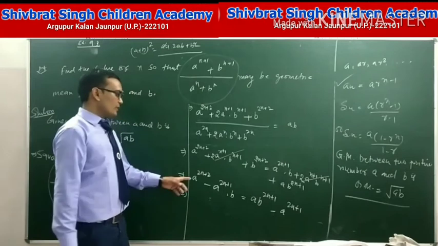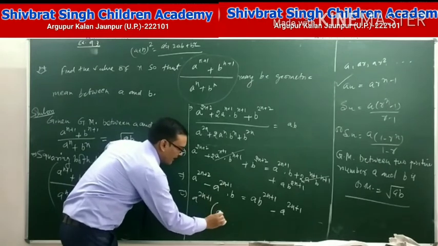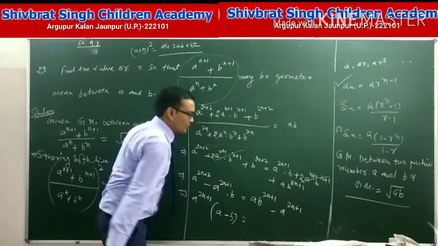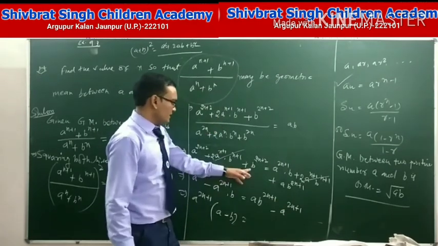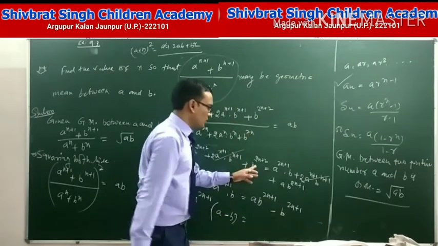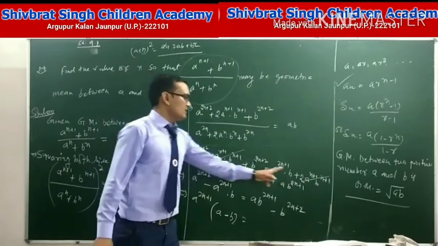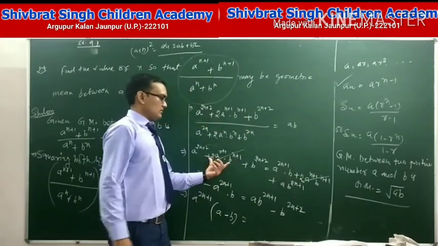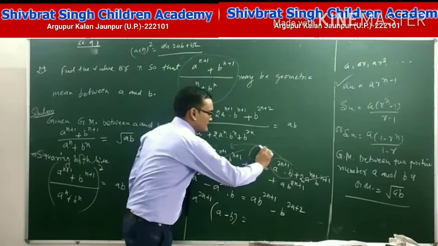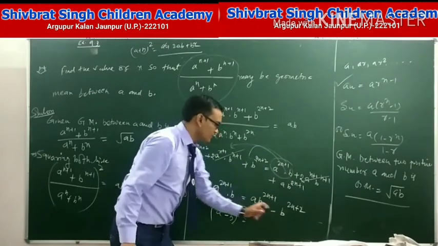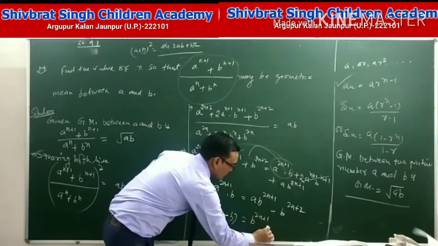This implies that we take the common a to the power 2n plus 1: a to the power 2n plus 1 into (a minus b), equal to, here we take the common b to the power 2n plus 1, b to the power 2n plus 1 into (a minus b).